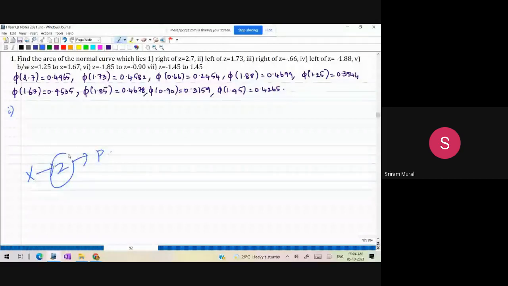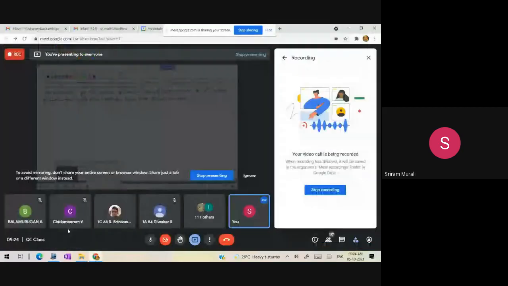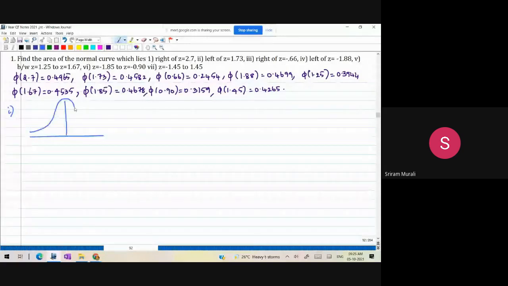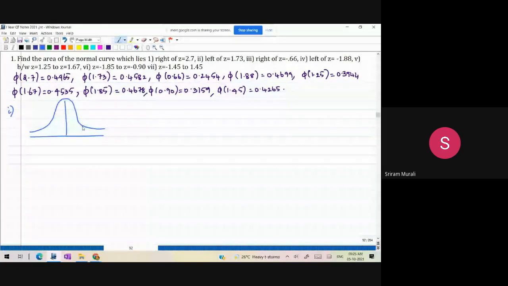Now we are focusing on this Z. At a later stage, I will tell you how to convert X to Z, Z to probability. Today's class will take some more time, it may go until 10:30. So first draw the normal curve. They are talking about the first subdivision, 2.7.